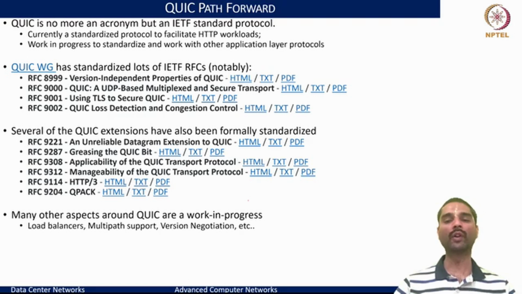All of these have been standardized in very recent times, and QUIC has a very strong way forward in terms of newer aspects we want to build, especially load balancing, multipath support, version negotiation, and many more, which are currently being actively discussed and are on the path to being standardized. We have tried to summarize QUIC in a nutshell, but there is a lot more beyond what is covered here. I encourage you to look at RFC 9000 at the least to get a good understanding and grip on QUIC.